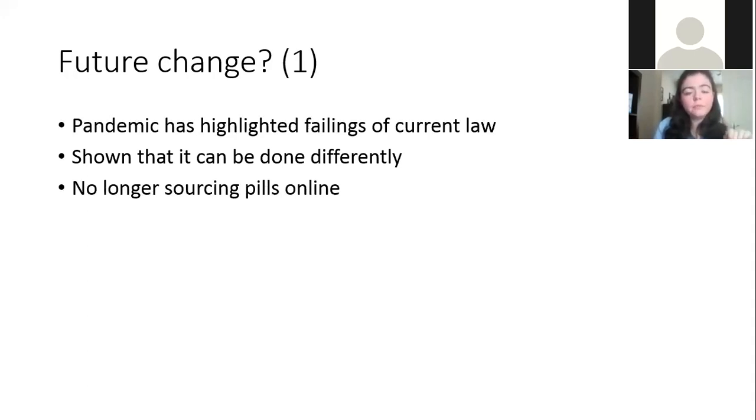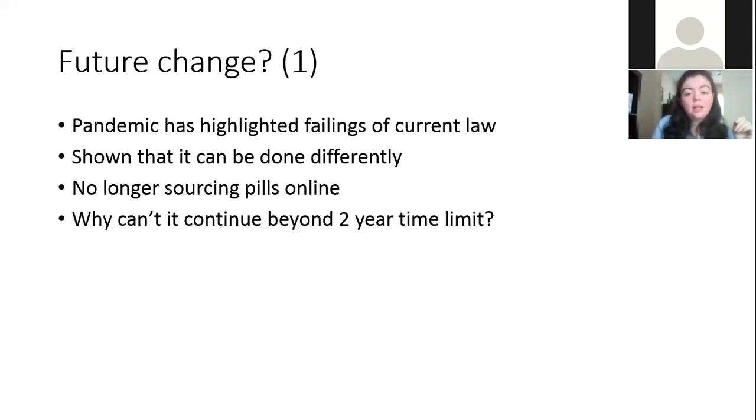It's actually been shown by groups and companies that import pills to the UK illegally that people have stopped sourcing pills online now that they're available readily within your own home, which is obviously only a good thing. Again, why can't it continue beyond the two-year time limit, or can it?